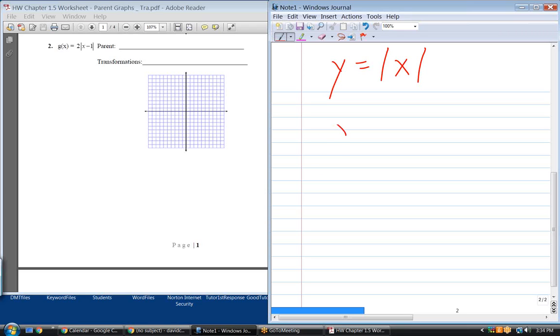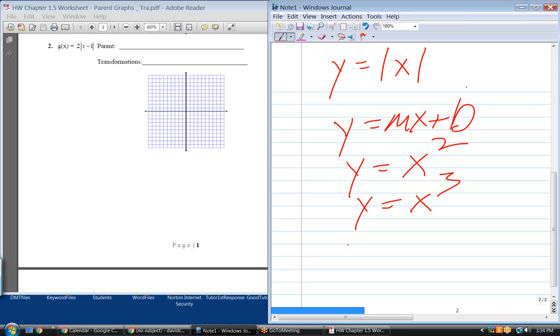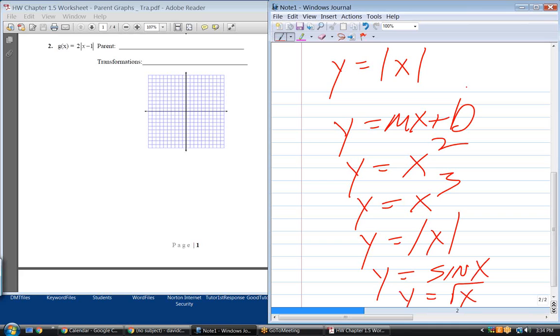One of them is y equals mx plus b. The other is y equals x squared. The other is y equals x cubed. The other is y equals absolute value of x. The other is y equals sine x. The other is y equals square root of x.